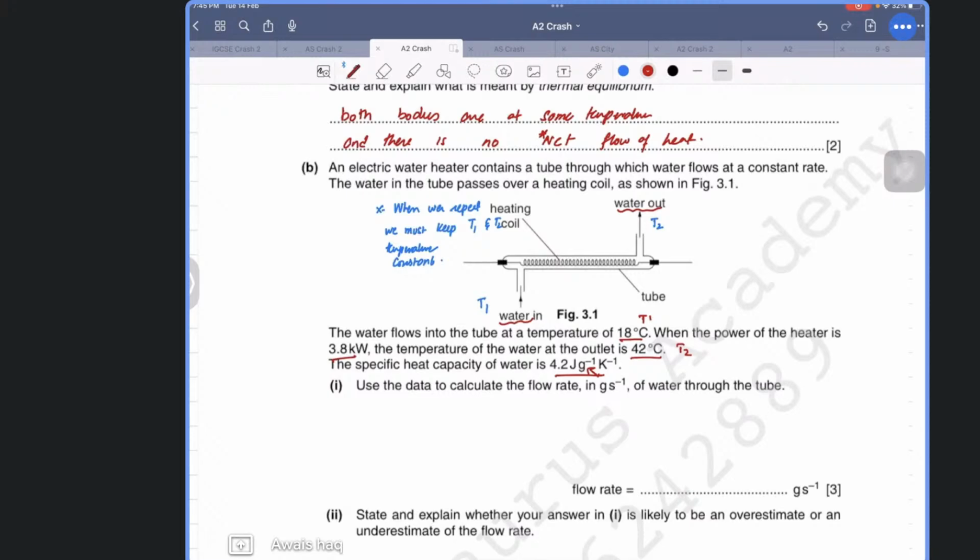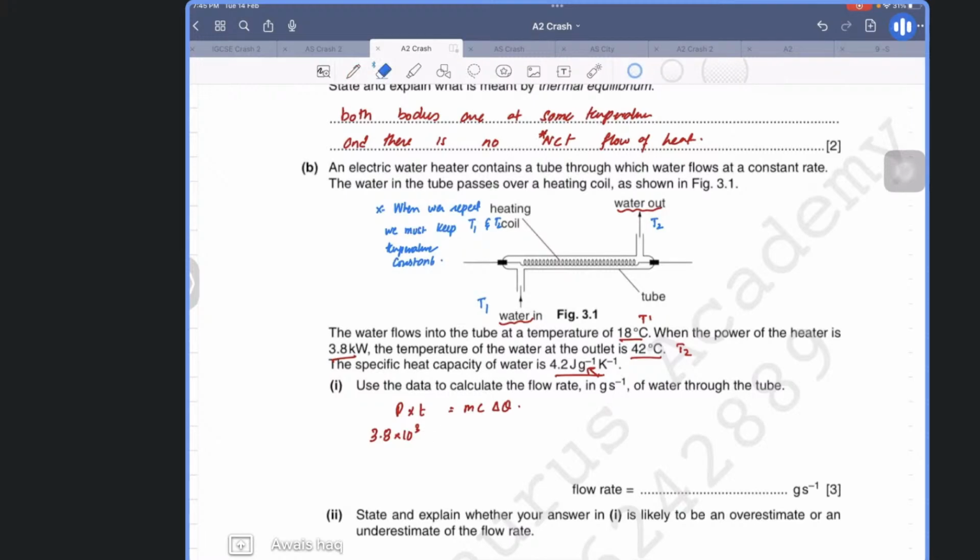How though? All right. So we know power into time is energy, and the energy we are giving it is equal to mc delta theta, right? So the power is 3.8 times 10 raised to the 3. Time we need to find, right? So we just need to find flow rate.